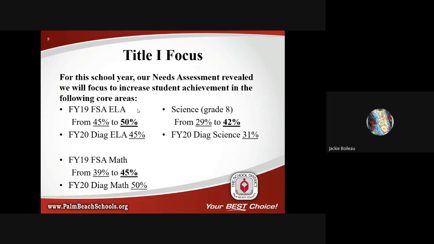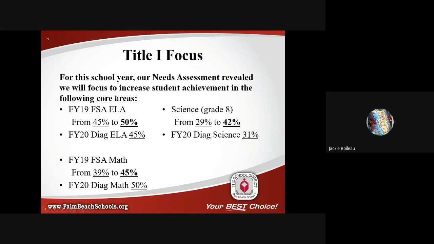But with that, we're also looking at the winter diagnostic data. So our students did take a diagnostic assessment in January of 2020, this last school year. And so we actually have 2 sets of numbers that we can look at to make a plan for our kids, okay?